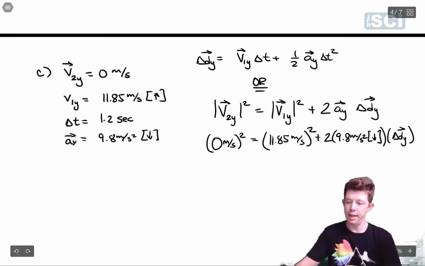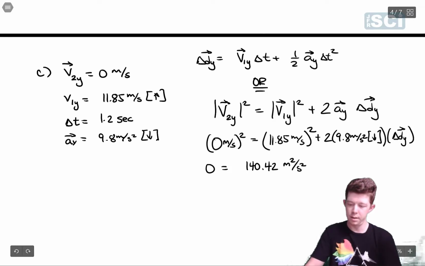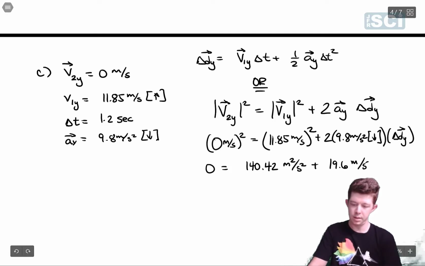Okay, so 0 is equal to 140.42 meters squared divided by seconds squared, plus 19.6 meters per second squared downwards in a bracket multiplied by delta dy.